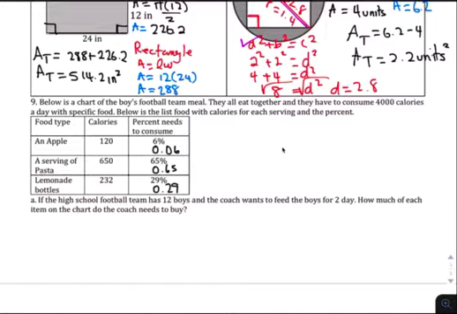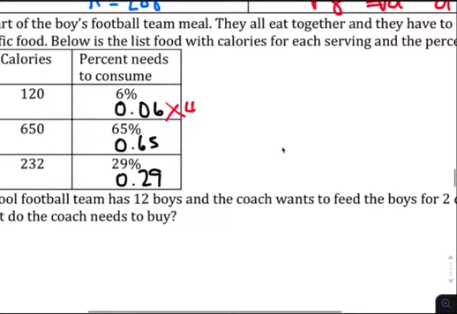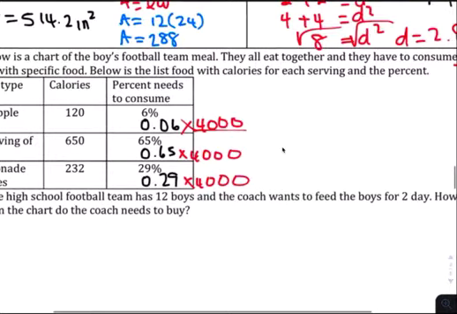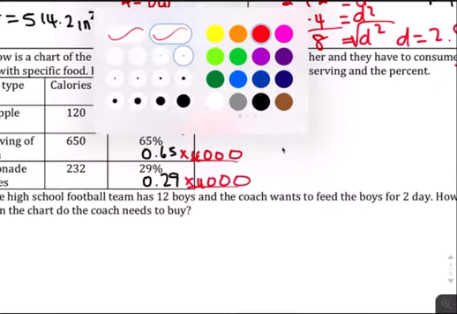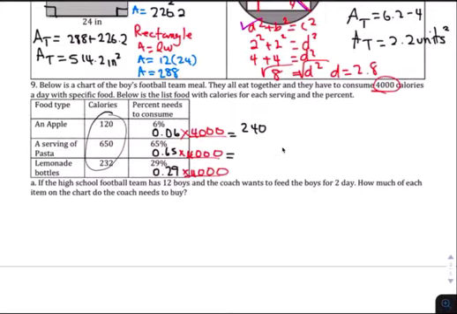Okay, so last question. Most of you know how to do this, so multiply this by the 4,000 calories, and divide by these calories here. After you get the answer, you divide by 120, get the answer, make sure you multiply by 12 boys in 2 days.